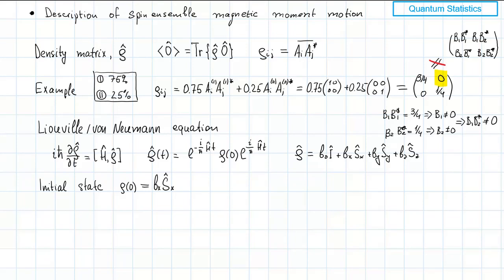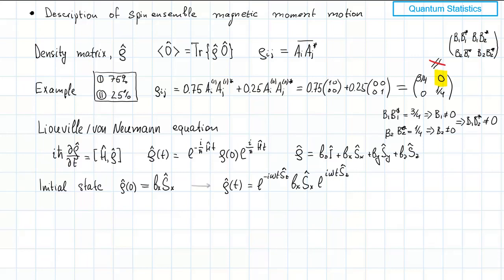Now, inserting this expression and the Hamiltonian, which in our case is just omega Sz, into this expression, we will obtain the density matrix at any time t from the initial density matrix. The obtained sandwich operator can be transformed in order to get rid of the spin operator Sz from the arguments of the exponential functions.